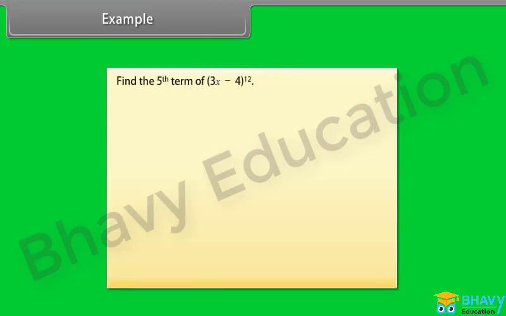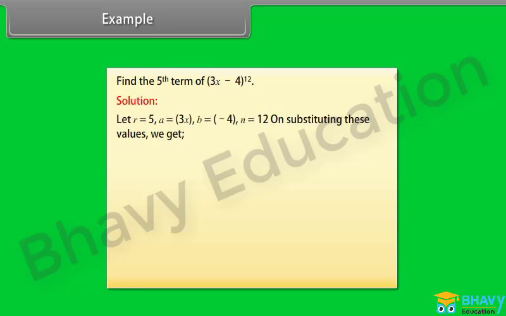Example: find the fifth term of (3x − 4)^12. Solution: let r = 5, a = 3x, b = −4, n = 12.